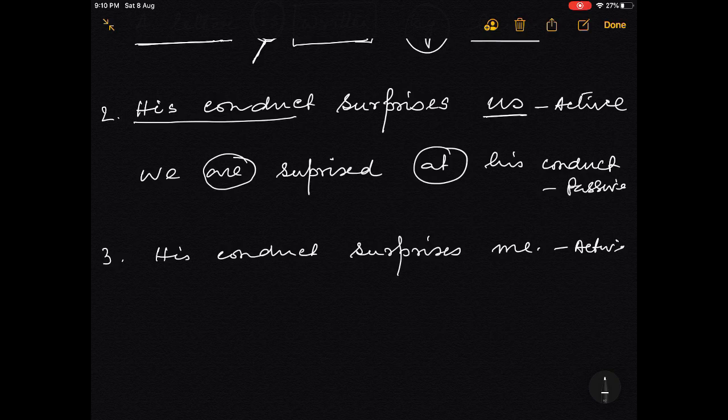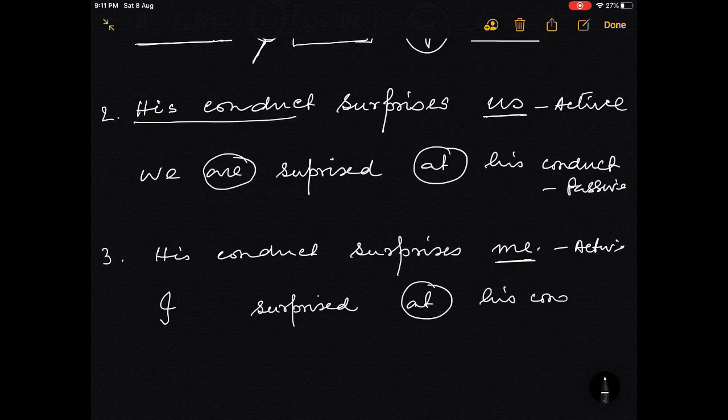In the passive, me is the object. Me will come here to the place of the subject and it will become I. And it is surprised, always the past participle of the verb. All the other things are the same. At is there. His conduct, the same thing. Only the change is here, the place of the auxiliary verb, that is here am.